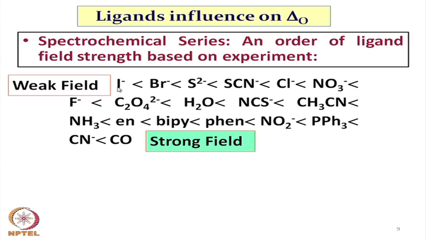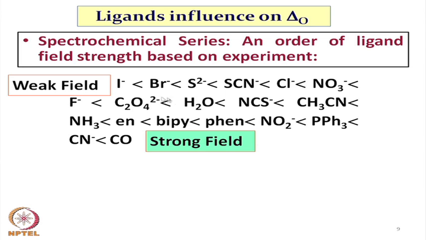So, we can arrange these sequentially from iodide, bromide, chloride, all we have just seen in the case of the cobalt compound, and then we can have the nitrite coordination, and the corresponding acetonitrile coordination. So, when we arrange iodide, bromide and chloride, in between we have the sulphide and thiocyanate also. Then after chloride we have nitrate, which is a little higher in strength than chloride, but less than fluoride.